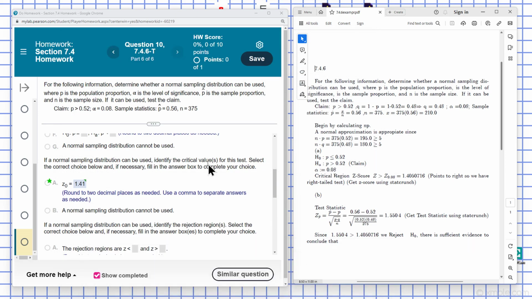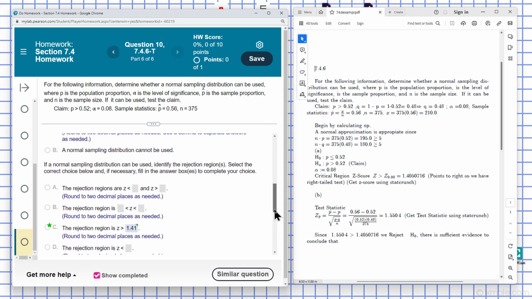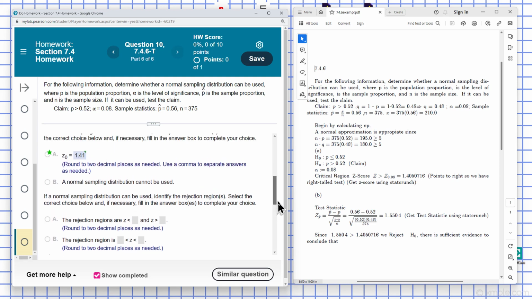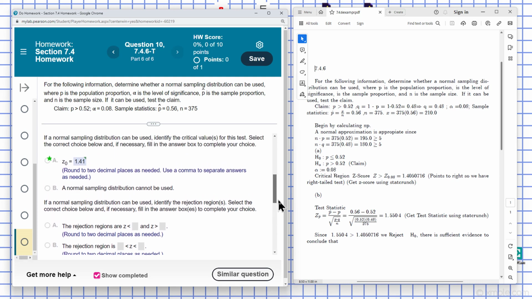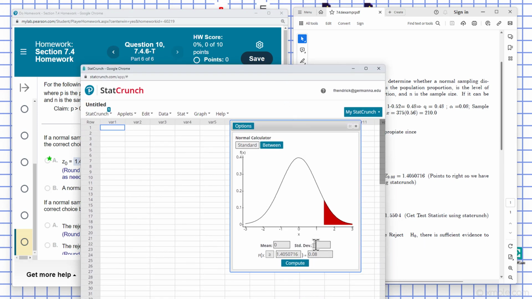So we have our critical value right there, and they round it. The next part asks us to find the rejection region. What does that mean? It means the z-score is greater than 1.41.